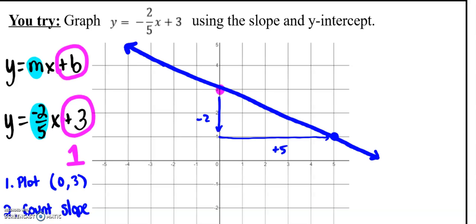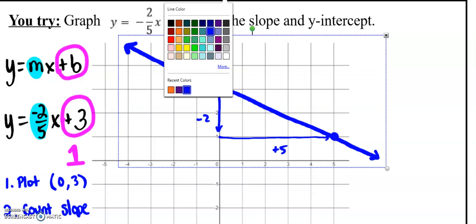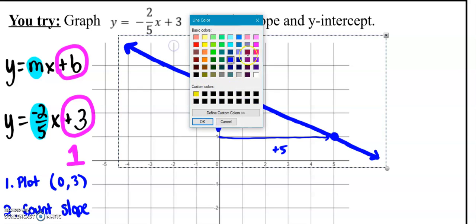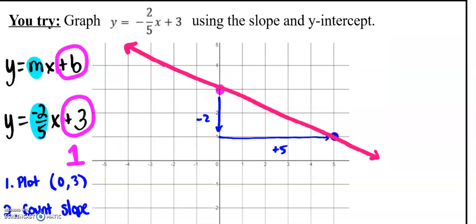Alright folks, welcome back. Your graph should look like this one that I have in blue. And actually, just to make it a little bit different from the rest of the stuff in our graph, I'm going to make it this really bright pink. So you should have graphed the y-intercept at 3 first. And then you should have gone down 2.